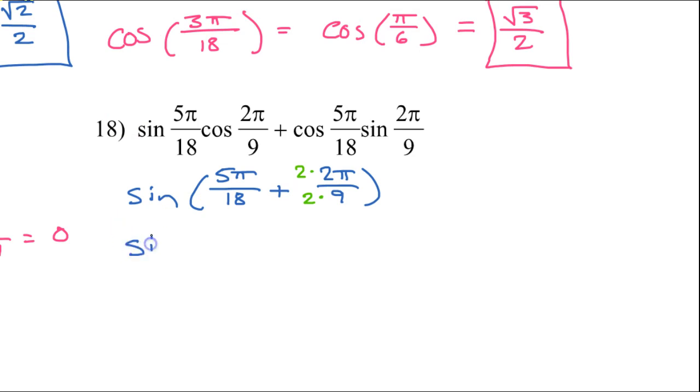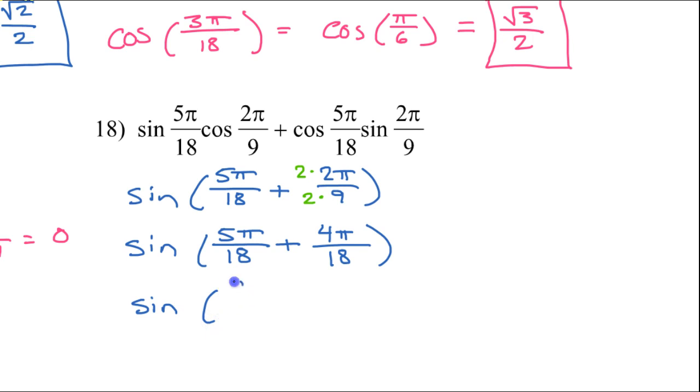So this will now be sine of 5 pi over 18 plus 4 pi over 18. Okay, so adding these together, I get sine of 9 pi over 18, but 9 goes into 18 twice, so this is the same thing as sine of pi over 2.